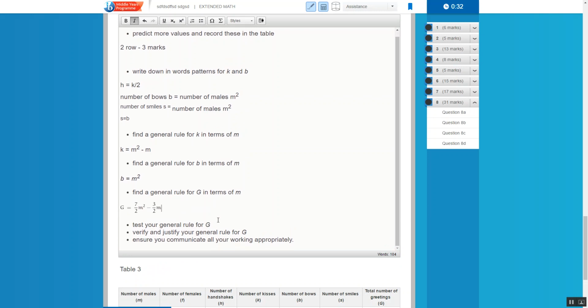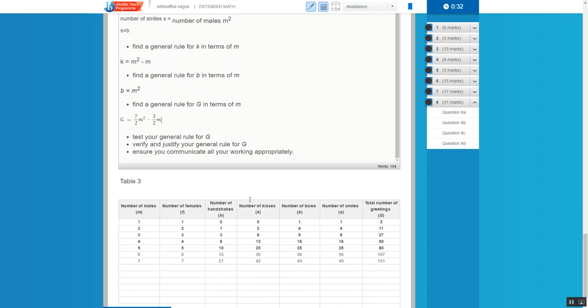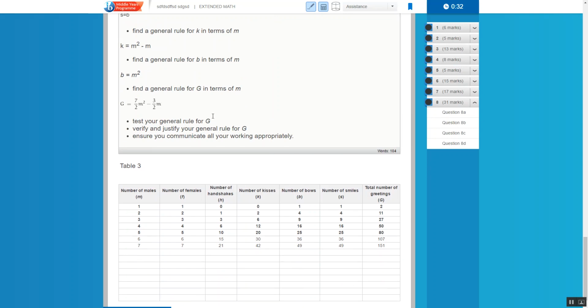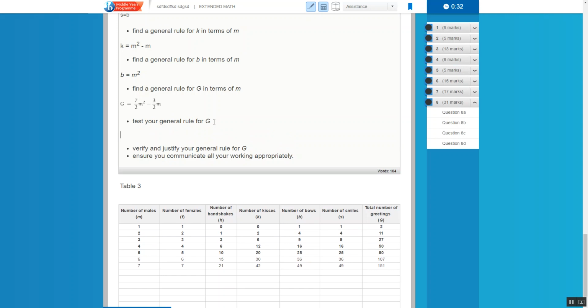Test your general rule for G. All we need to do is stick in some numbers for this. We could put in m is equal to 6, and if I get 107 out, then I am good.